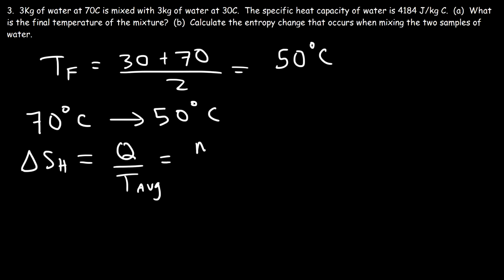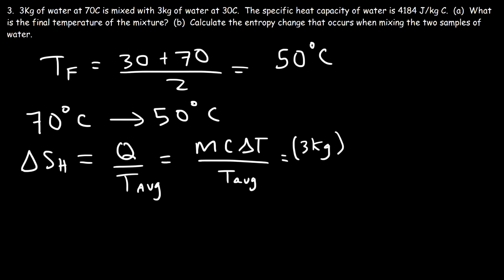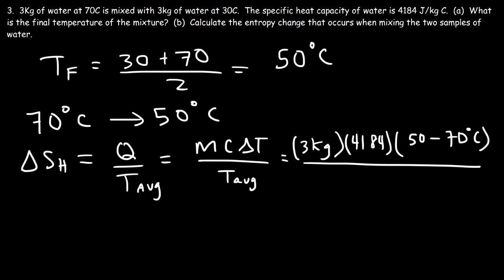And so Q is equal to m c delta T, and the mass is 3 kilograms. The specific heat capacity is 4184 joules per kilogram per Celsius, and the change in temperature, that's going to be final, which is 50 minus an initial of 70, divided by the average temperature.